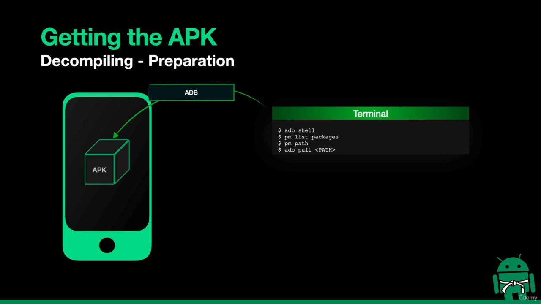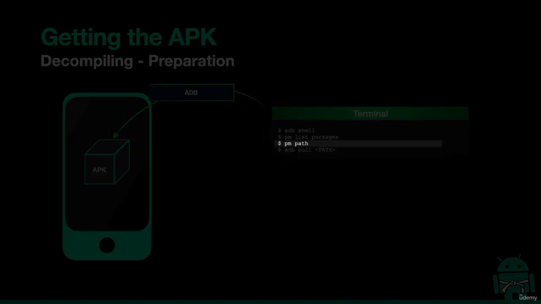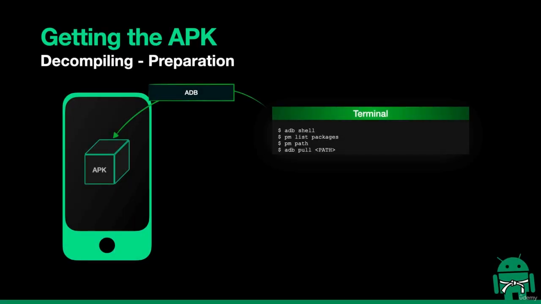And this identifier can be used with pm path to retrieve the reference of this APK file on the device. So when you install an application, the whole APK still exists on the device, and with pm path and the package identifier of this application, we can retrieve the path to this whole APK.